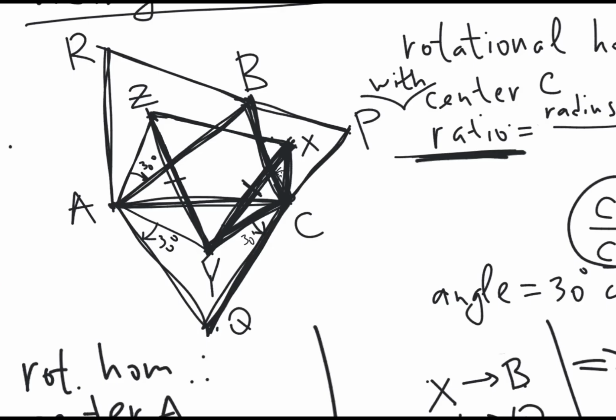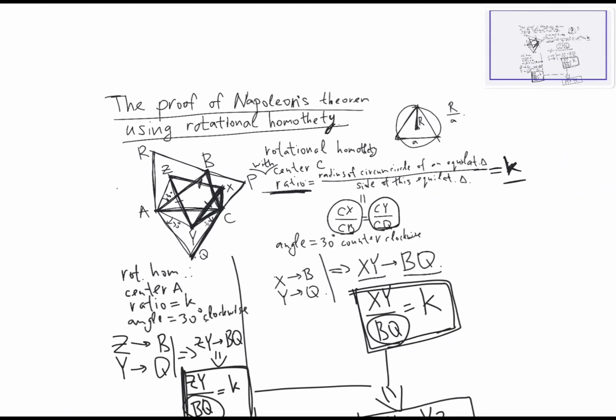Because of the symmetry of the whole picture, without loss of generality, we can say that the third side is equal as well. Or we can say that similarly by considering the rotational homotheties around points B and C. Around point B, by mapping ZX to AP and by mapping YX to AP, we proved that ZX is equal to YX. So the third side must also be equal. And that's how we prove this using the rotational homothety.